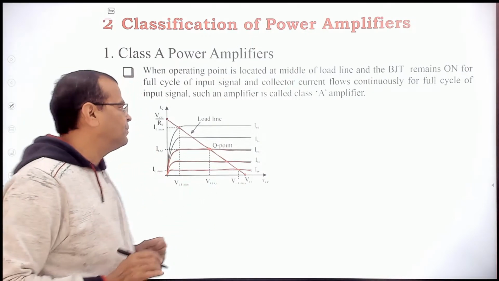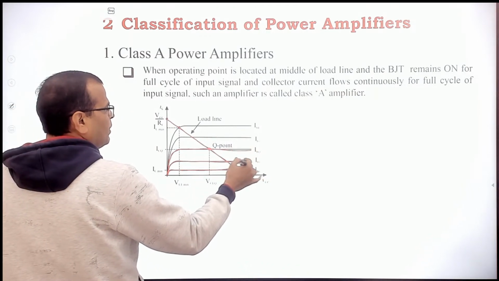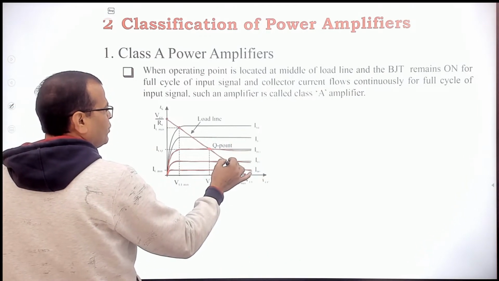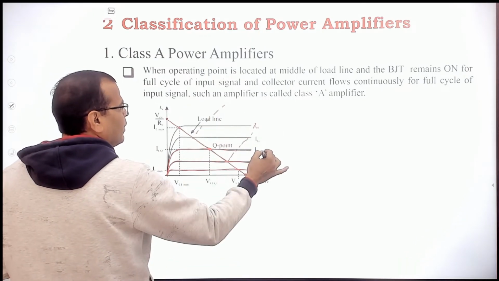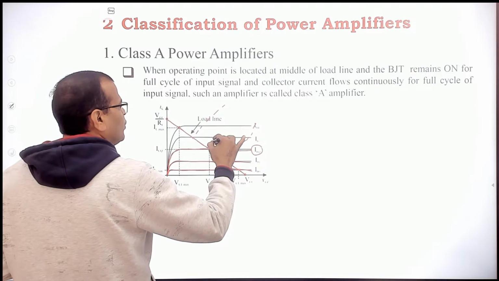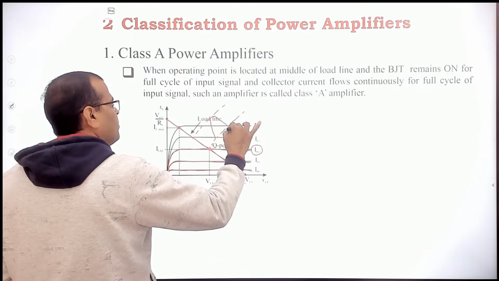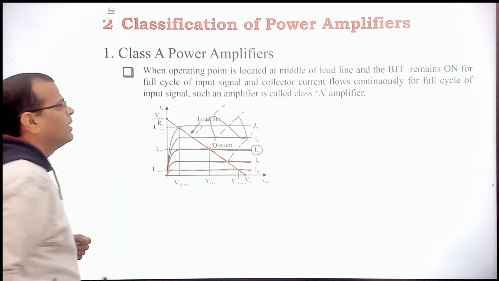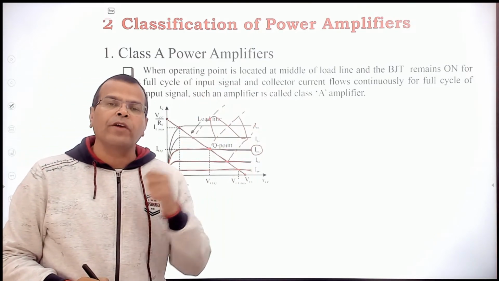So here, remember, if you have a small variation in base current, from IB1 to IB3, and you take this value as IBQ, then your base current is varying about IBQ like this. That is a small variation, maybe in microamperes.